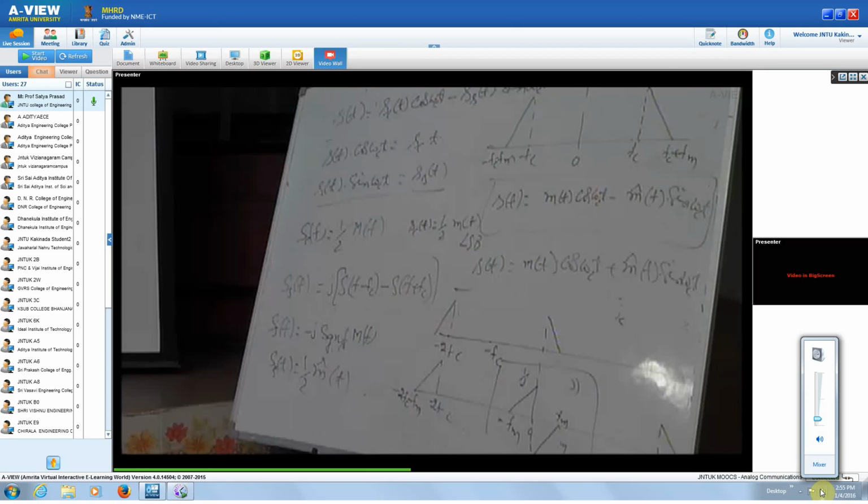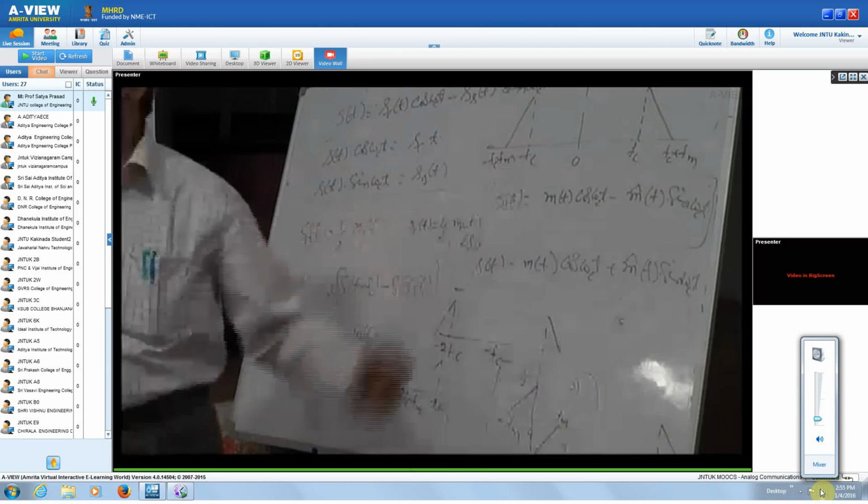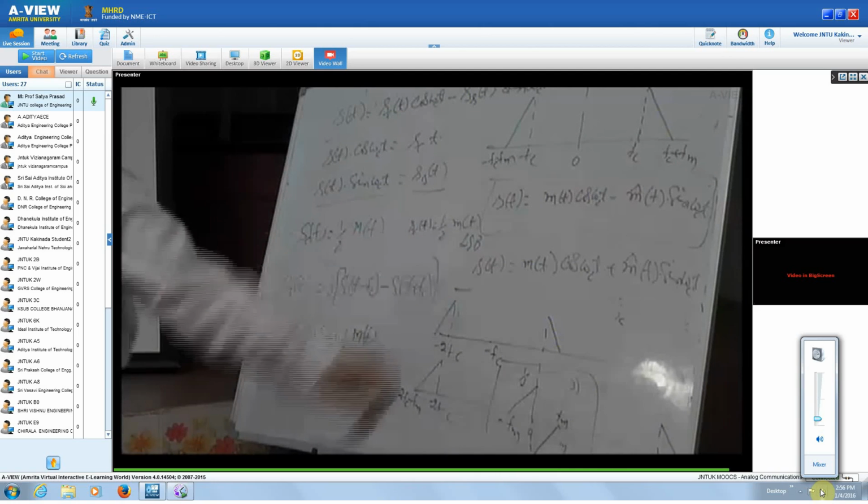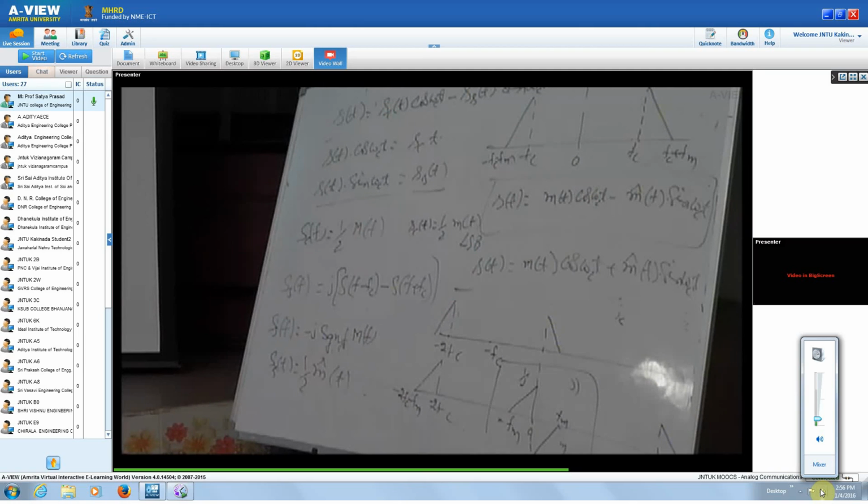So by considering these as band pass signals, we have derived and got the time domain representation. This is how we have to derive the time domain representation of your band pass signal, USB or LSB. The frequency domain one is a simple representation, but the time domain representation is involved. You have to start with the band pass signal, then all this multiplication, shifting of the frequency spectrums, adding and subtracting, and getting the equivalent time domain functions along with the frequency domain representation of your S_C of f and S_S of f.